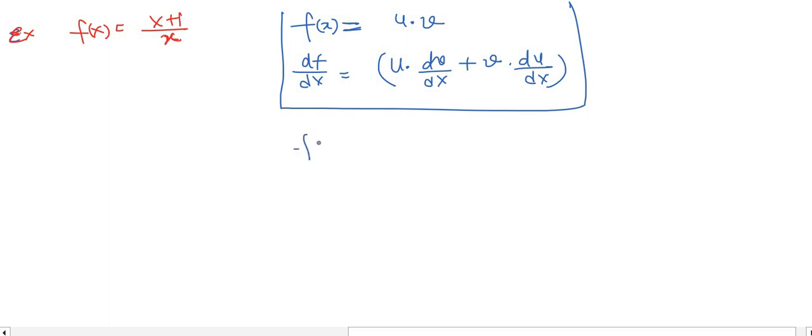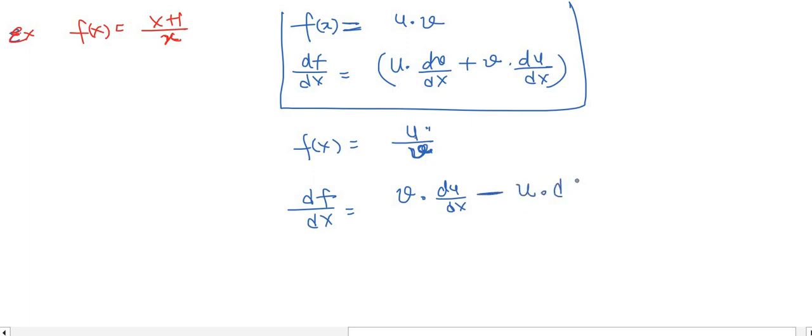Okay. If you have a function u by v, something up and down, then how do we do it? df by dx is v as it is. Remember, start with v, which is down. Du by dx minus u, the upper one, into dv by dx by the denominator square.